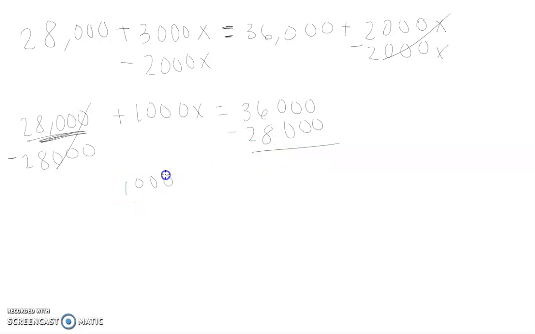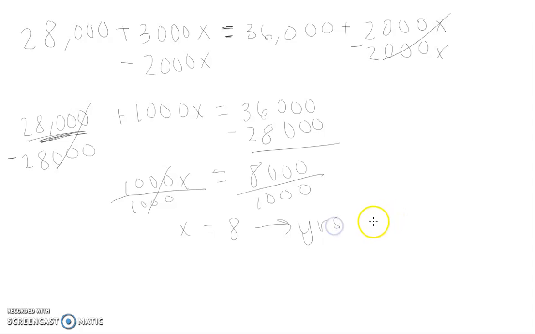So we got 1,000x right here, and we're going to put this as 8,000. Now, all we have to do is solve for x. In order to do this, we need x alone, but right now it has this huge number right here. So we're just going to divide that out. So x is equal to 8, which is the years that both companies will be equal.